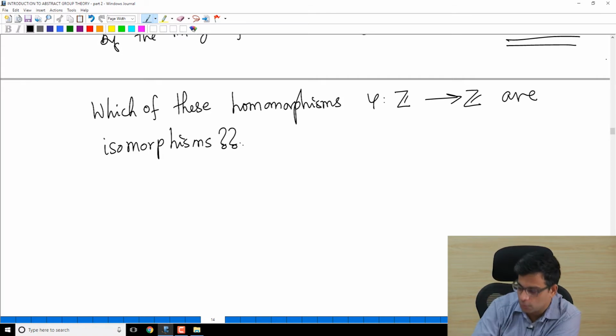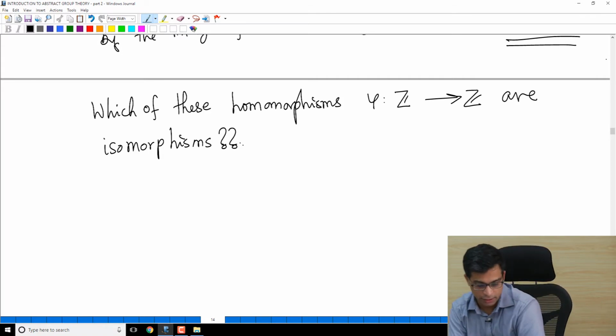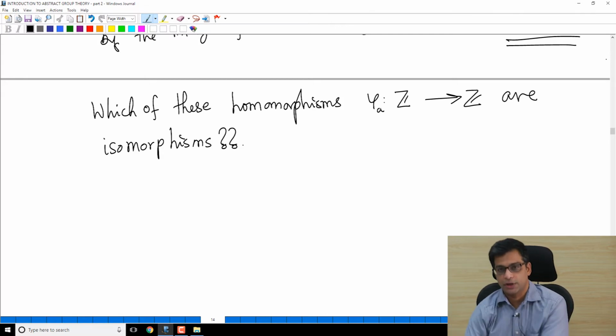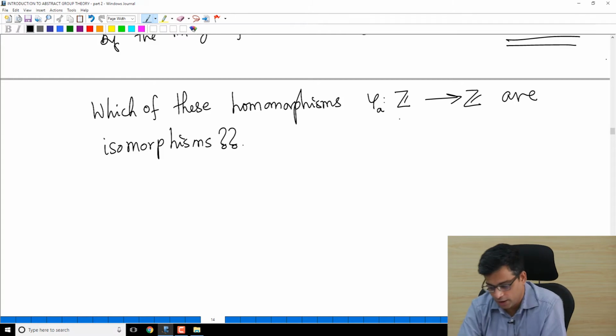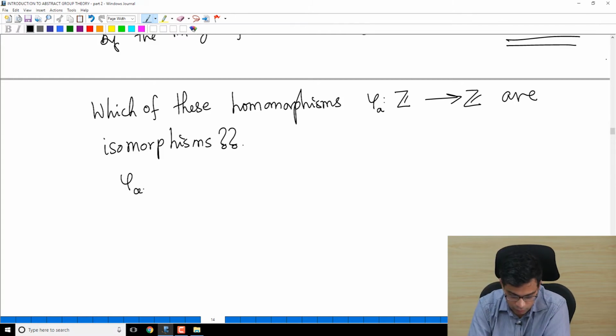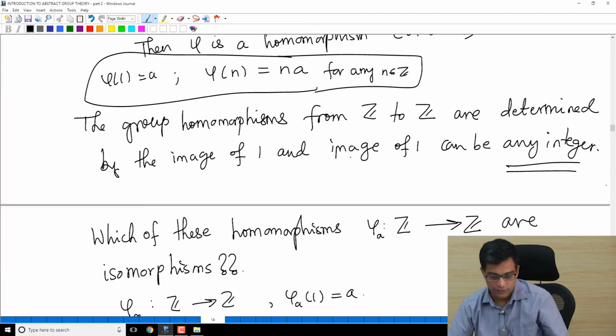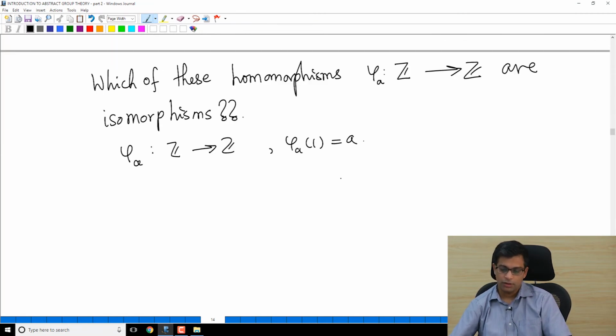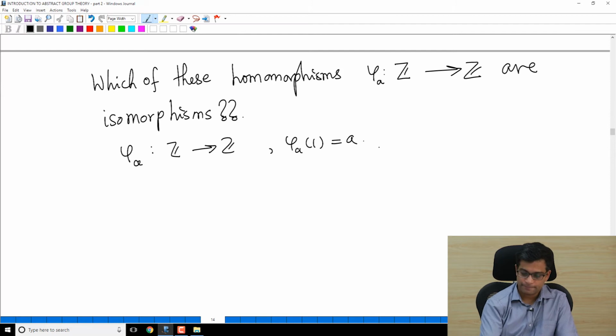So which of these homomorphisms are bijections is what I am asking now. I am going to use the letter A as a subscript to denote that phi of A sends 1 to A. So phi of A is the homomorphism from Z to Z sending 1 to A. And the previous problem we have solved by saying that all group homomorphisms of Z to itself are of the form phi of A. So which of these are bijections?